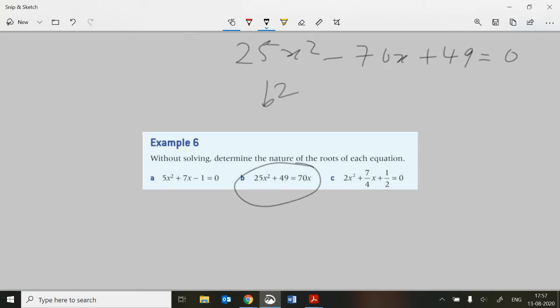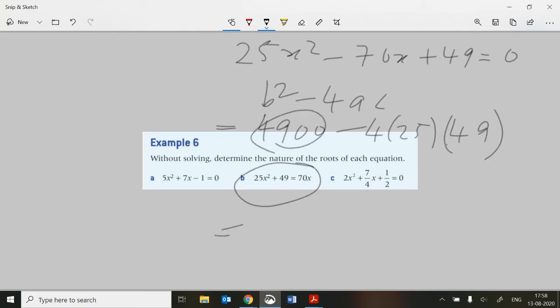So b squared minus 4ac here gives us 4,900. That's this squared here. Take away 4 lots of 25, 100 times 49, so times 49 there, in brackets at the end. And you can see 100 times 49 is the same as this. It's going to give us 0.